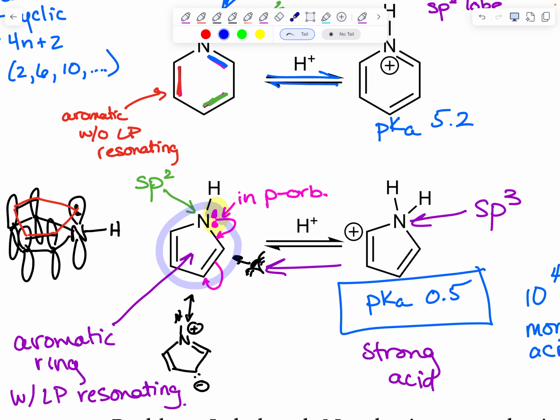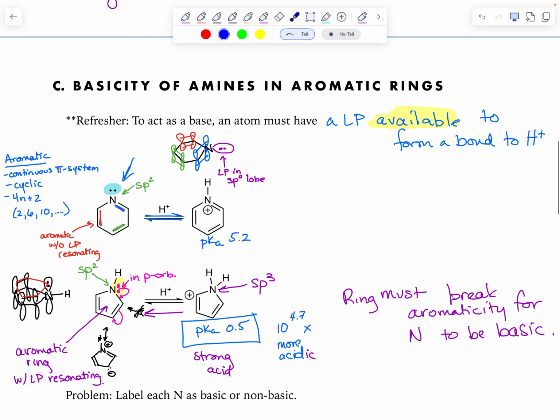The middle one's going to be the least basic. Why is that? Because it's doing the most resonance in the ring. It's resonating not just within the ring, but within an aromatic ring.